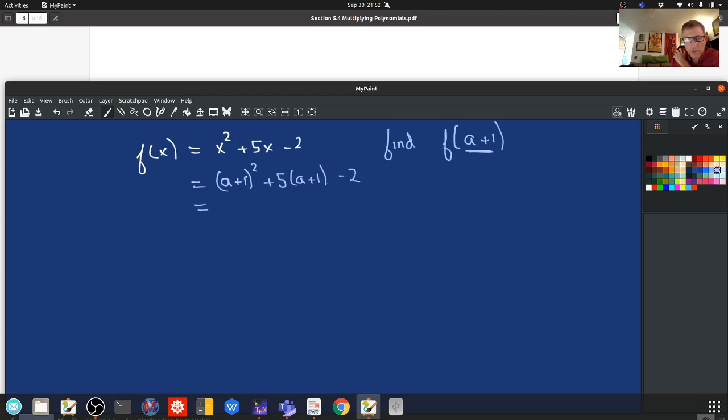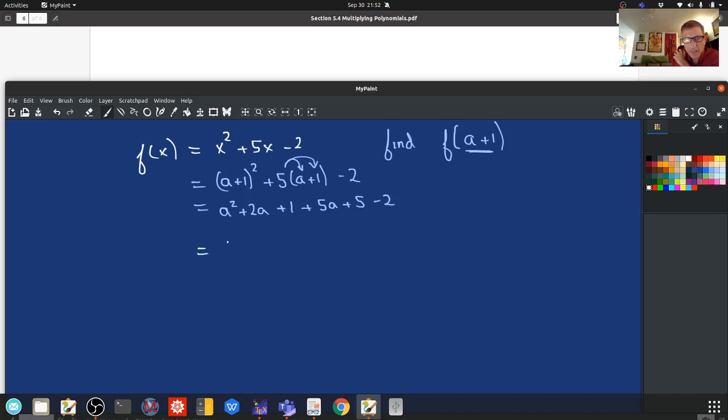Now I can use my squaring formula. This is a squared plus 2a plus 1. Here I just use distribution. This is plus 5a plus 5 minus 2.